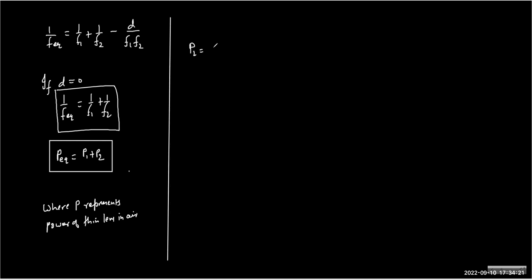So power of a lens is defined as 1 by focal length. And what it represents is the ability to bend. So when I say more power, it means it is capable of bending more. It is measured in diopter, or simply D in short.